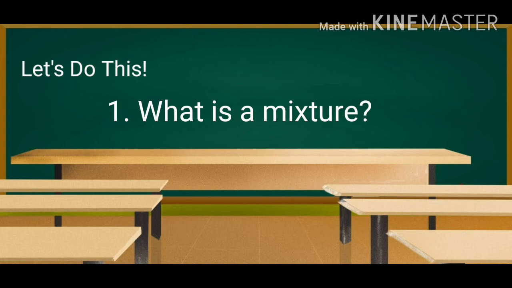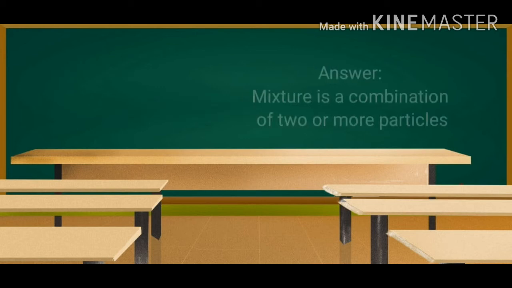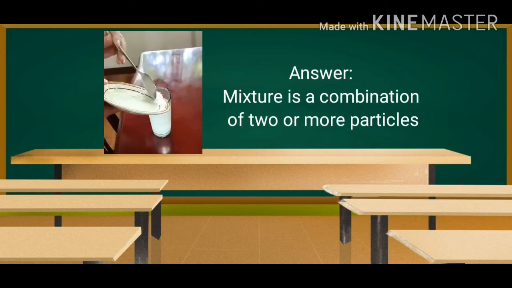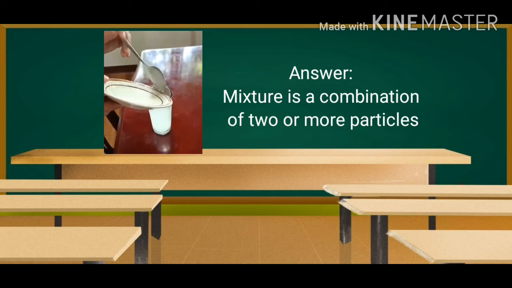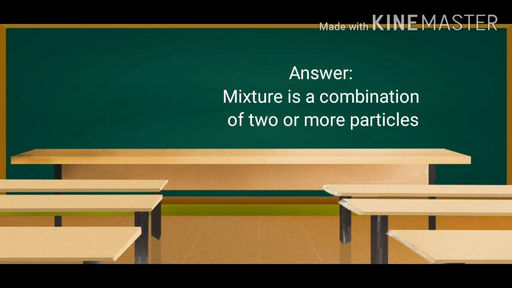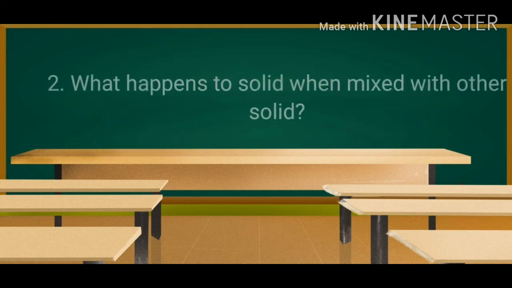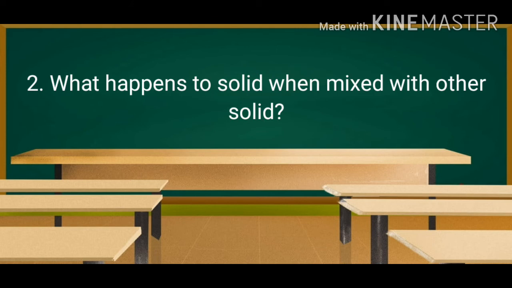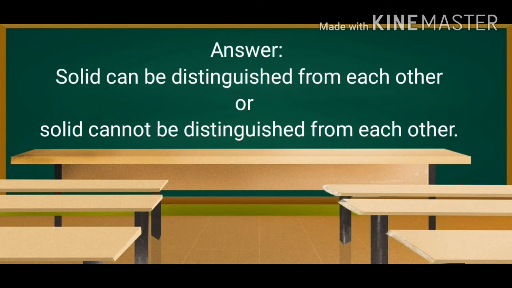Let's do this. Number 1. What is a mixture? And you are correct! Mixture is a combination of two or more particles. Number 2. What happens to solid when mixed with other solid? Perfect!